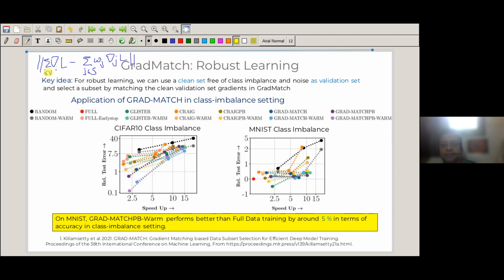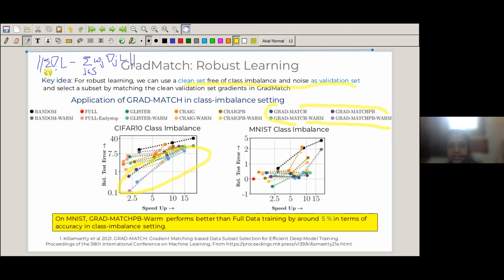So clean set free of class imbalance and noise, when you use it as validation set, then what happens? Again, we find that all these variants of grad match, one in blue, these are the variants of grad match, they're significantly better. Right, all of them are lower, the ones below, because error is low.